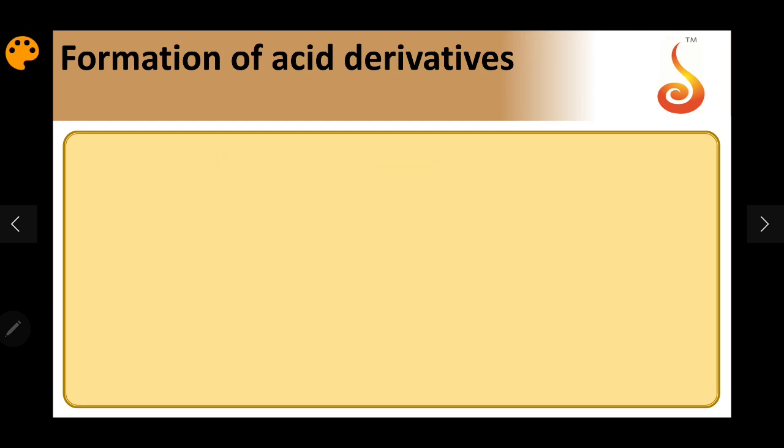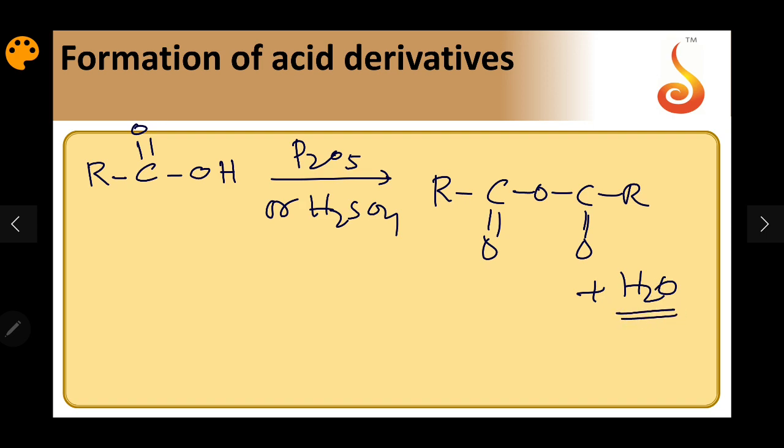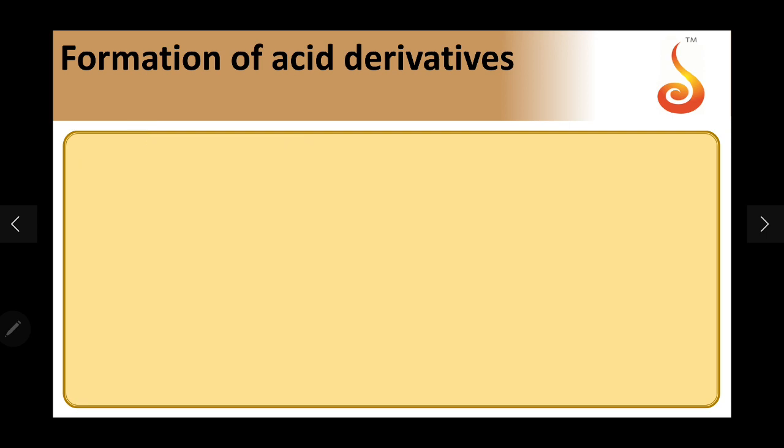If I want to get an anhydride, I can use a dehydrating agent on RCOOH, P2O5 or even H2SO4. So I'll get RC double bond O, O, C double bond O, R plus H2O. So use a very strong dehydrating agent to convert carboxylic acid to anhydride. The third one is ester.